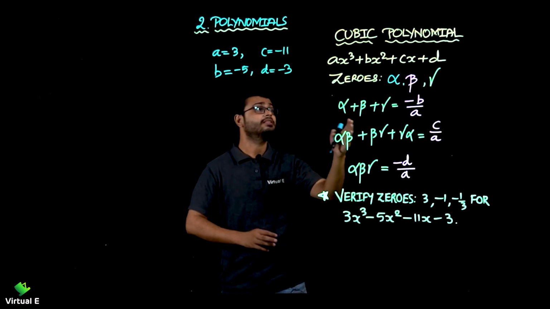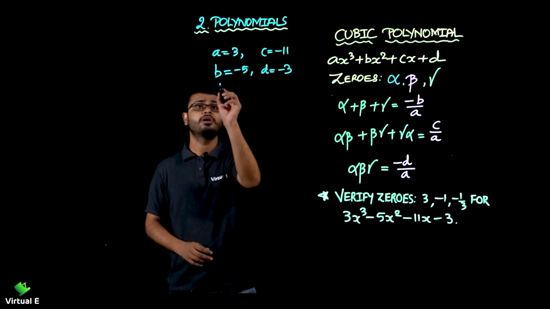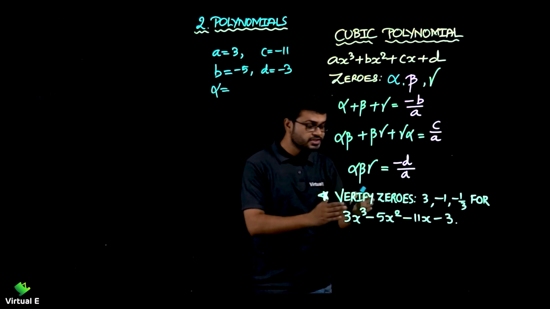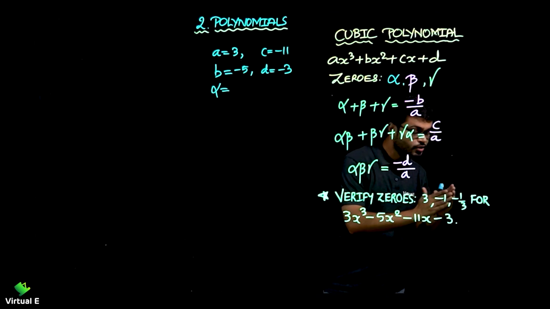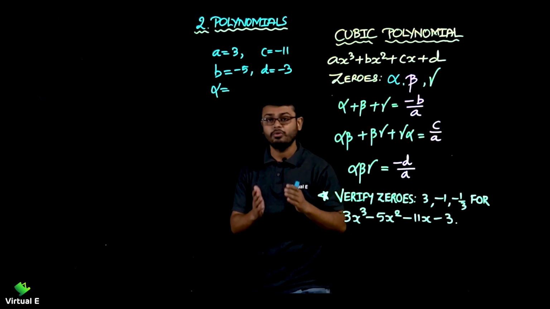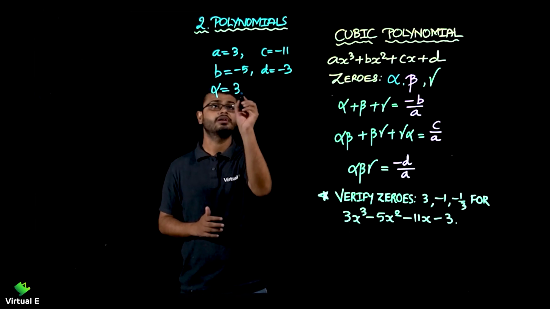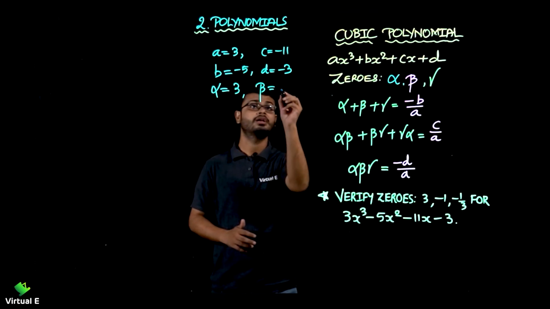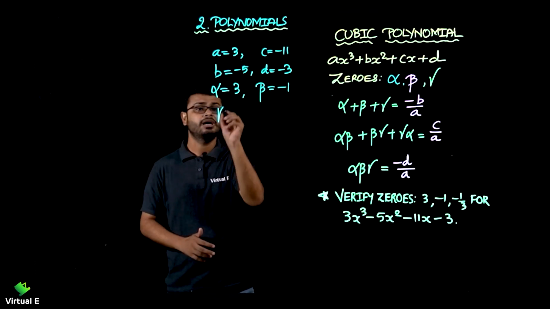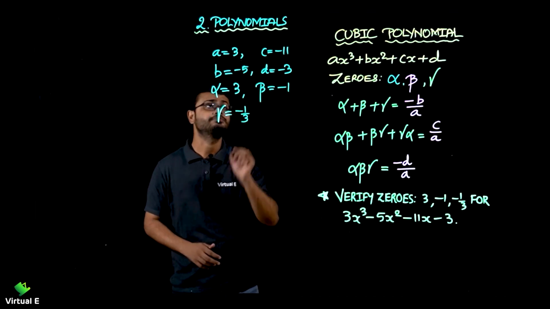Now we need to get the three zeros, alpha, beta and gamma. There are three zeros given in the question: 3, minus 1 and minus 1 over 3. You can name them in your own way, order doesn't matter. Alpha is equal to 3, beta is equal to minus 1 and gamma is equal to minus 1 over 3.